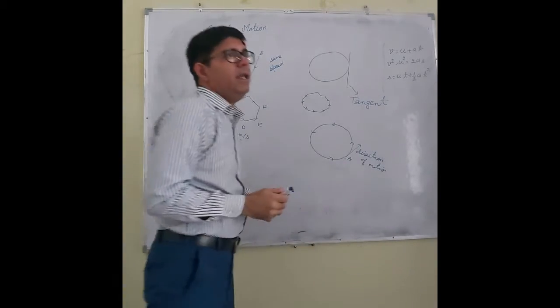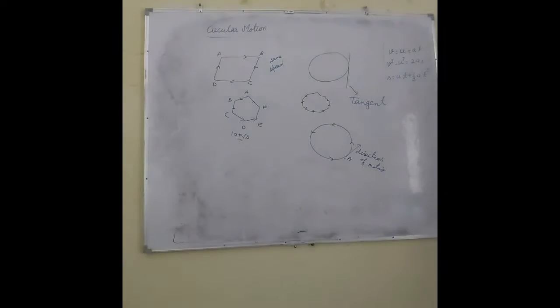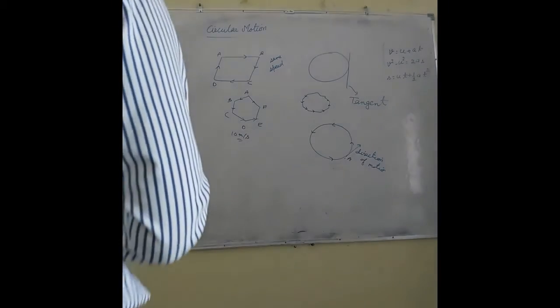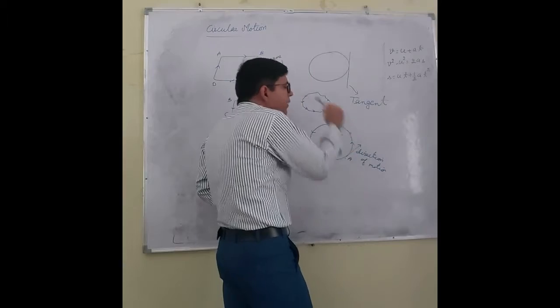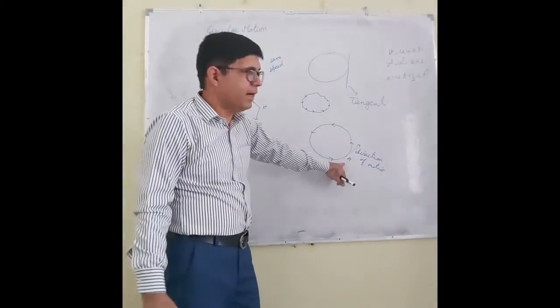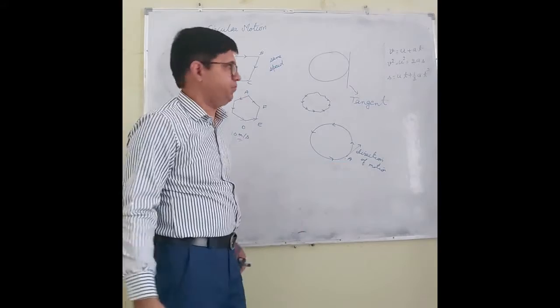T-A-N-G-E-N-T. I'm repeating again. If a line touches a circle at a point, then that line is called the tangent. So I can say the direction of motion of a body moving along a circle is given by the tangent.